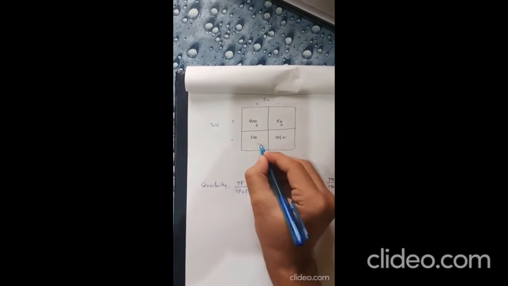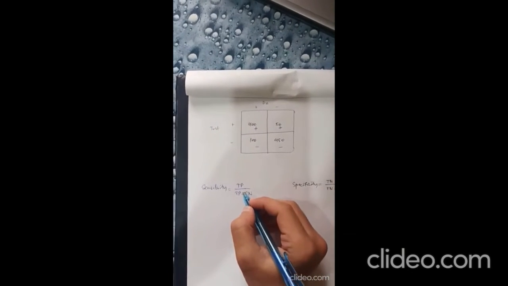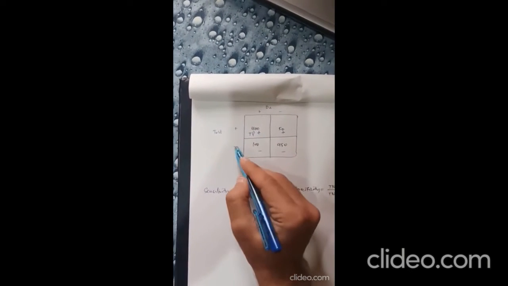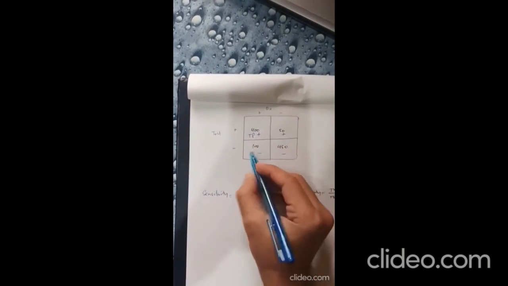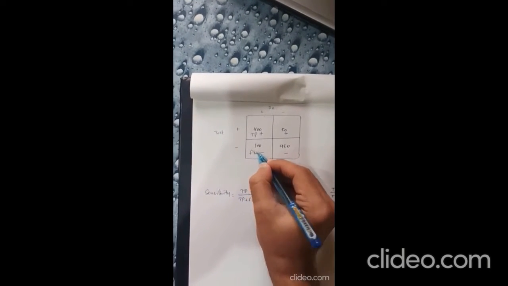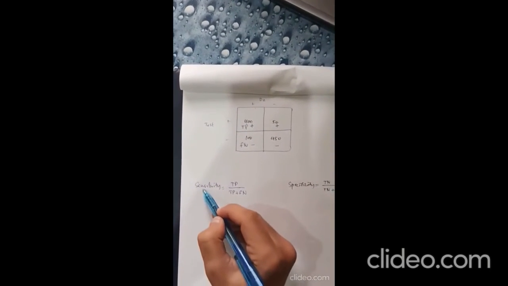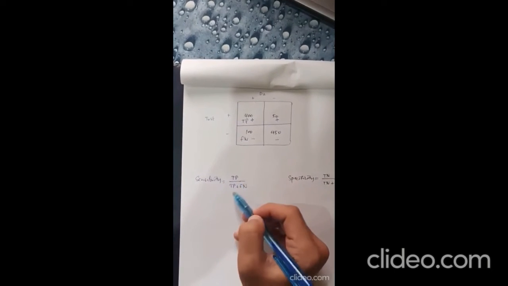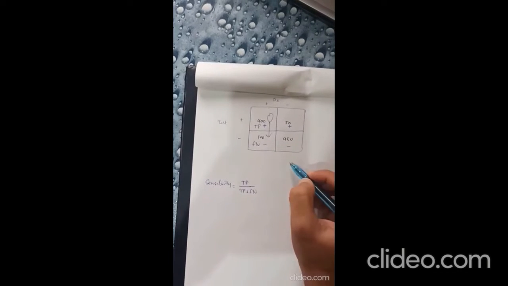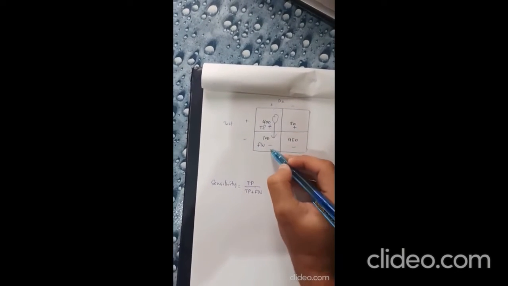If the test is negative, this whole row is negative. Test is positive, disease is positive, this is true positive. If the test is negative and disease is positive, this is false negative. For the calculation of sensitivity, as we have learned, we only need this column, so true positives and false negatives.